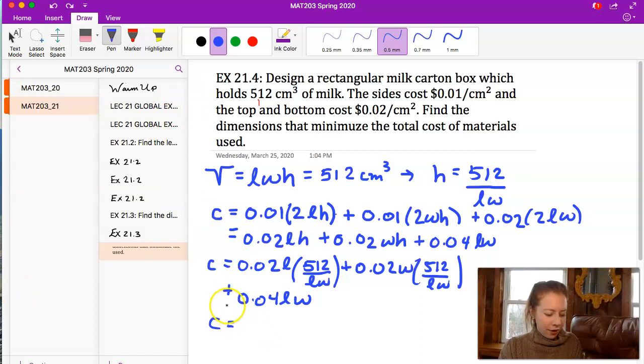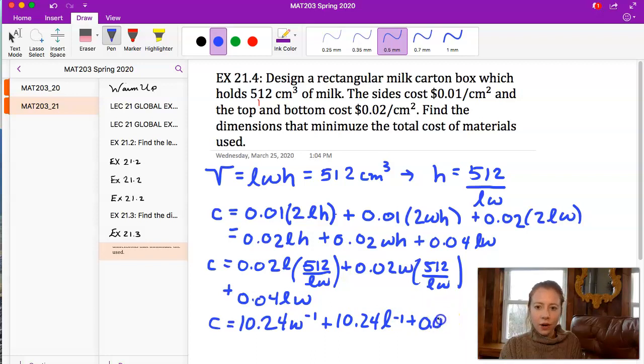Okay, so C is going to equal, when we multiply this out, 10.24 over W plus 10.24 over L plus 0.04 LW. All right, so there's our function of cost with respect to width and length. So now what we need to figure out is where the gradient is 0. So let's keep going.